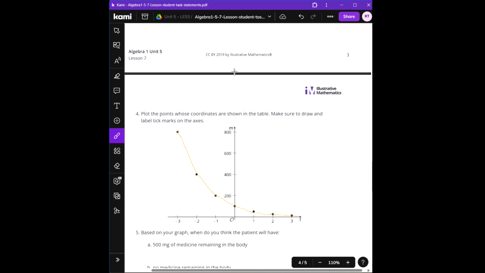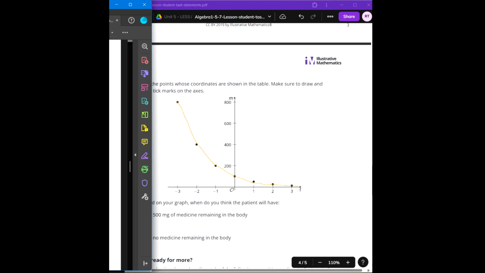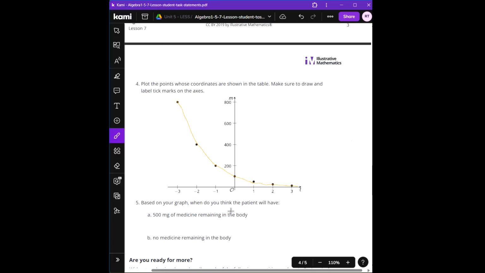All right, plot the points whose coordinates are shown in the table. Make sure to draw and label tick marks on the axes. Okay, so I went ahead and did this for you. Sorry, that line is so horrible, but it's the best I could do. Based on your graph, when do you think the patient will have 500 milligrams, and no medicine remaining in the body?